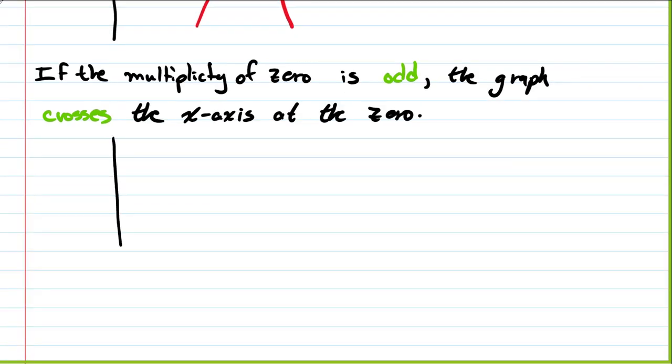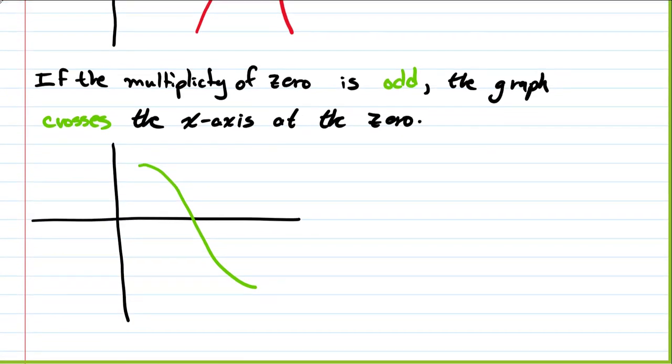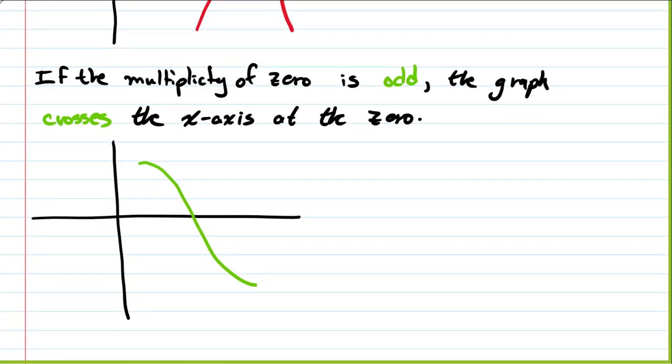So in terms of our picture, if we had our 0, the graph is just going to cross at that point if the 0 has odd multiplicity. So zeros with even multiplicity bounce. Zeros with odd multiplicity just cross the axis at that point. And those are the only two possibilities. And the way we determine which it is is if the degree is even or the degree is odd.